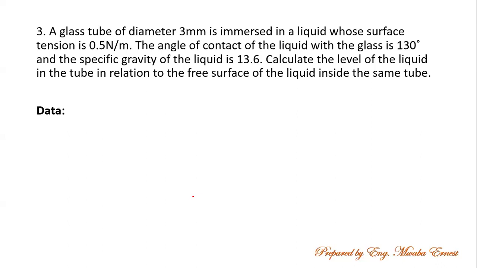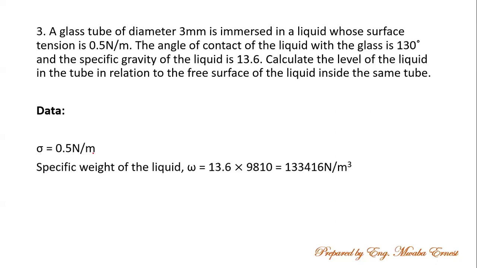Now, the secret to this is to make sure that our information sits in right. Surface tension force is 0.5 newtons per meter. Then the specific weight of the liquid, you multiply the specific gravity provided by 9,810. So then we have 133,416.